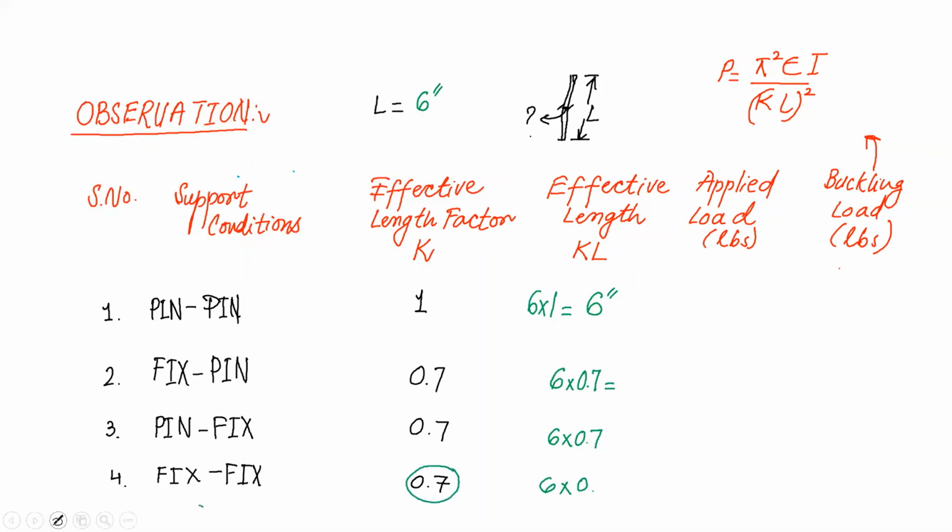So when you multiply with 0.5, 6 into 0.7 is 4.2 inches, and then it will become 3 inches.